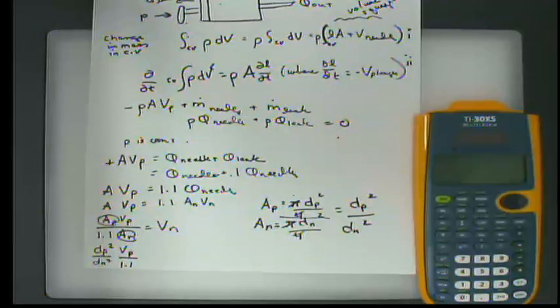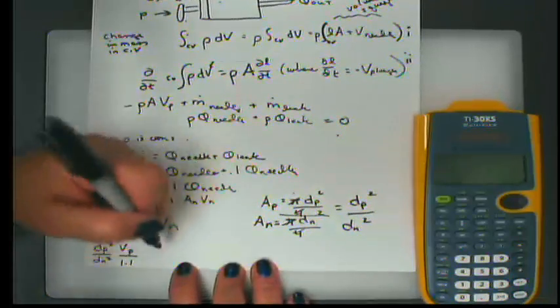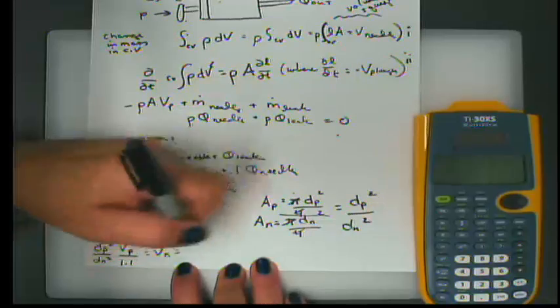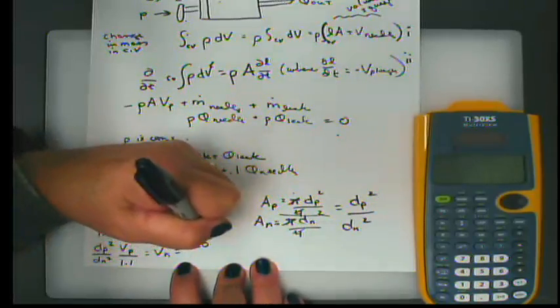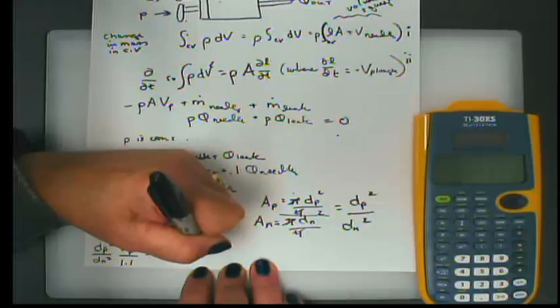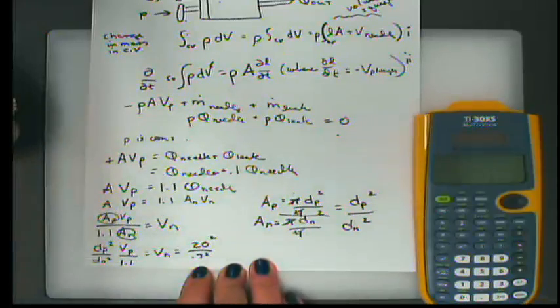We're told that the inside diameters of the syringe and the needle are 20 millimeters and 0.7 millimeters. So we can put 20 squared over 0.7 squared for this term. And even though it's in millimeters, it doesn't matter because they cancel each other out.